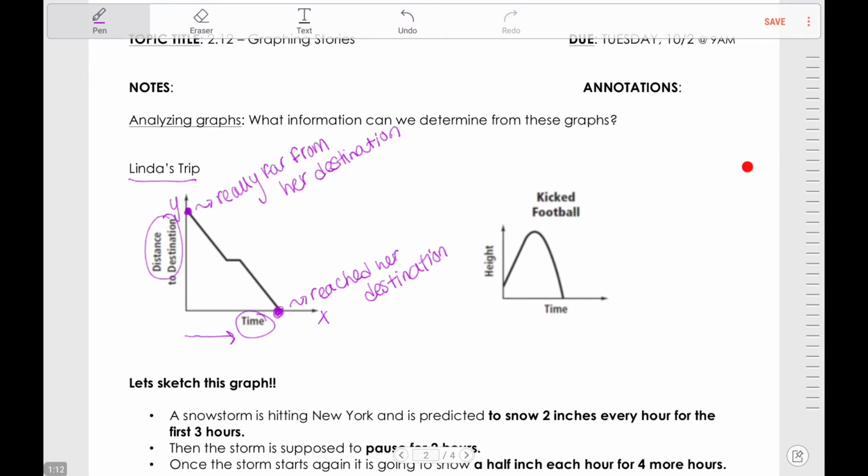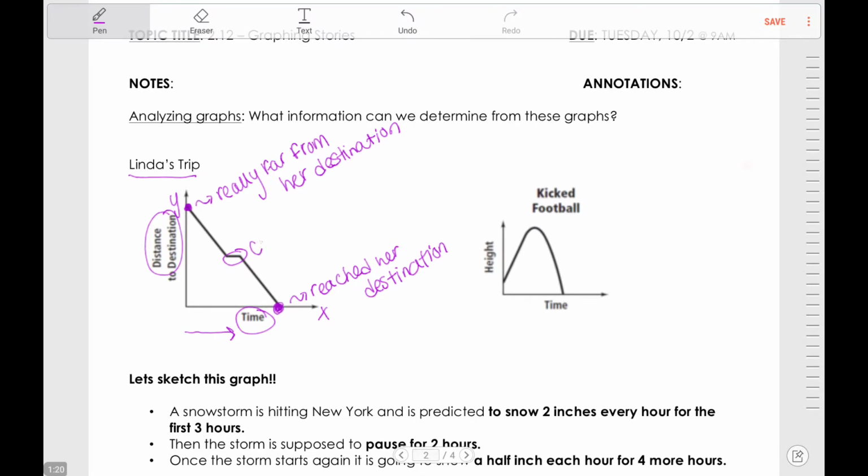There's one more important part of this graph. What's happening here? Okay, so as time is moving on, is her distance changing? This is called a constant. Okay, and at this point, time is moving, but her distance doesn't change.